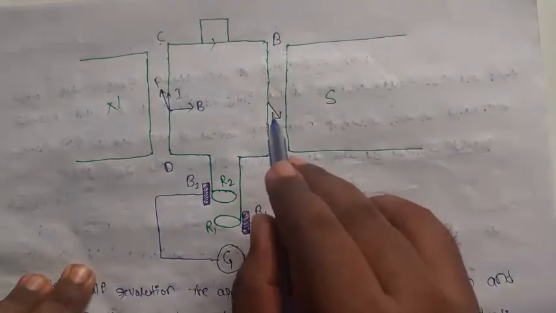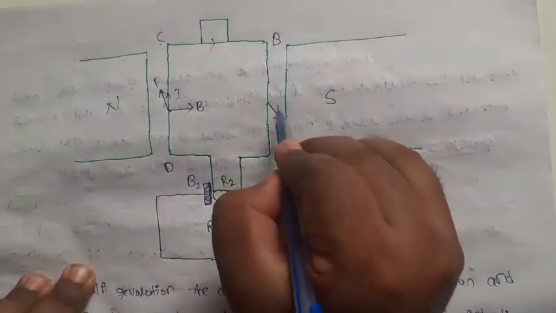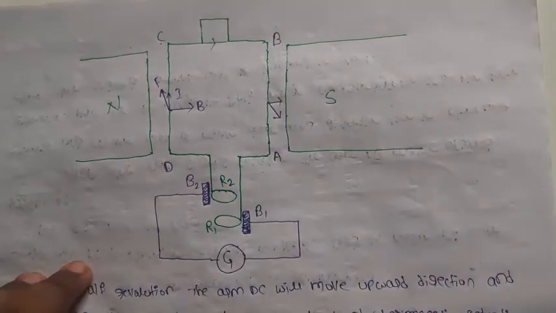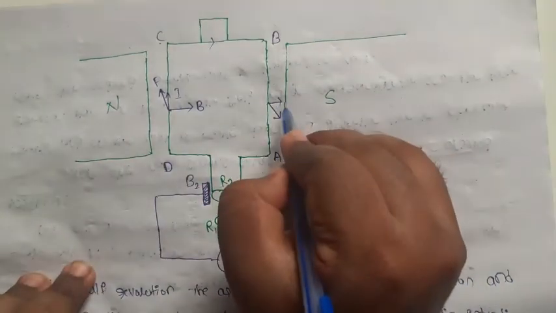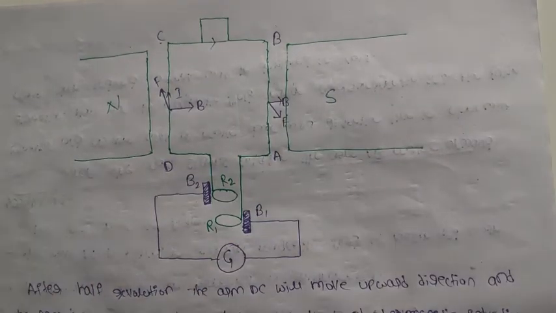This is the motion of conductor in arm AB. Now again magnetic field, no change, from left side to right side. So this is the direction of the magnetic field. Now I am going to find the induced current direction in arm AB. First of all, force acting downward direction, so thumb acting downward direction. What about the magnetic field direction?